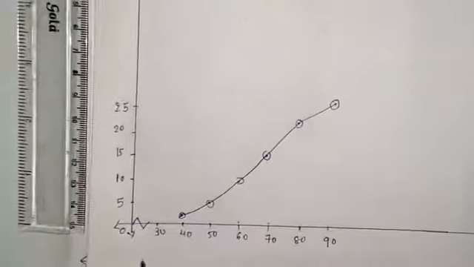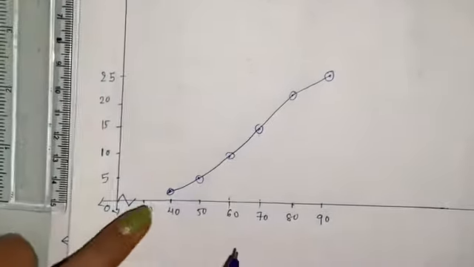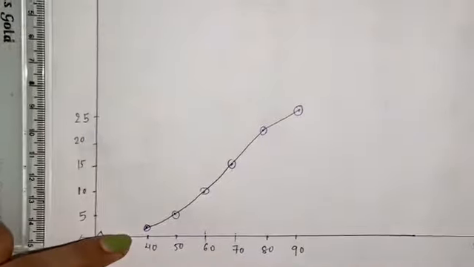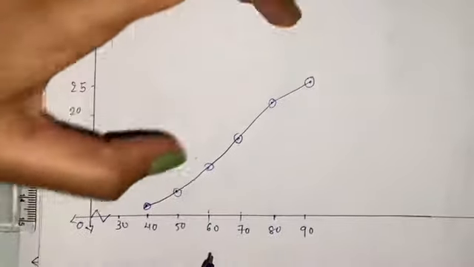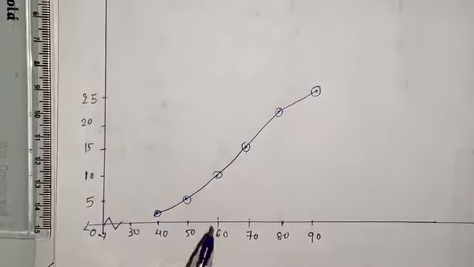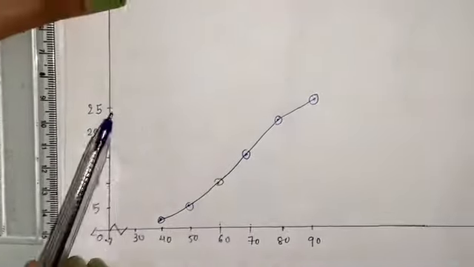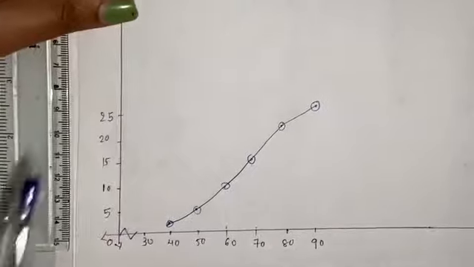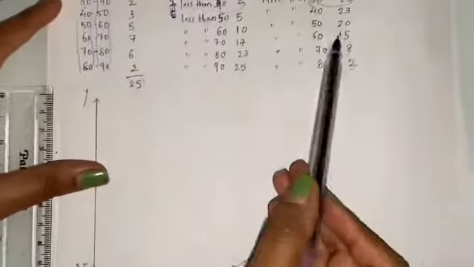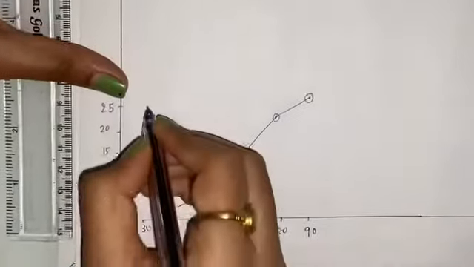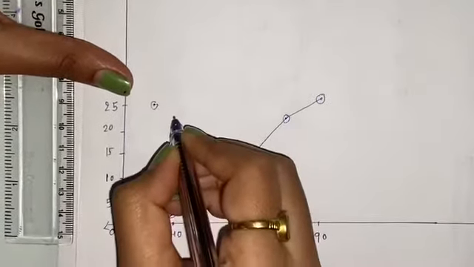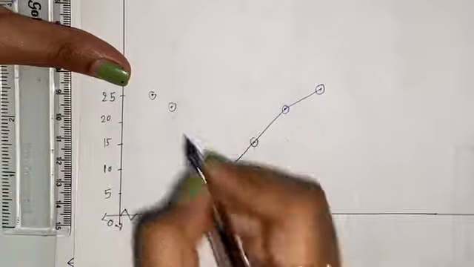So when we have less than type of ogive, your graph will be going from lower side to upper side. Now when we have greater than, more than kind of thing, at that time the graph will start from the upper side and it will end at the lower side. Let's see, more than 30, then 25. So with 30, you have 25. With 40, you have 23.